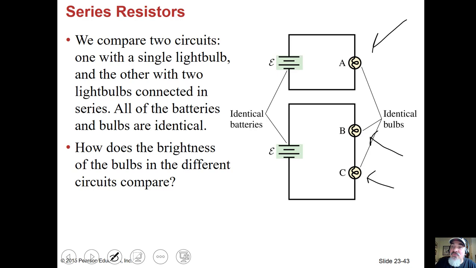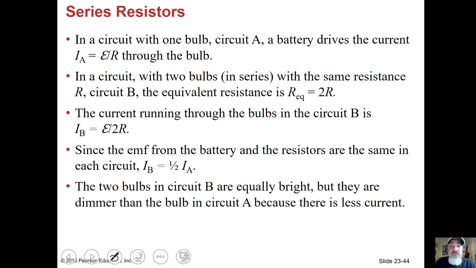This only has one bulb. So the current here in the second circuit is going to be half as much. So these are going to be half as bright as this. It's because you've got to power two bulbs with one battery. Here, because it's got the same current, you're only powering one bulb with this in series.